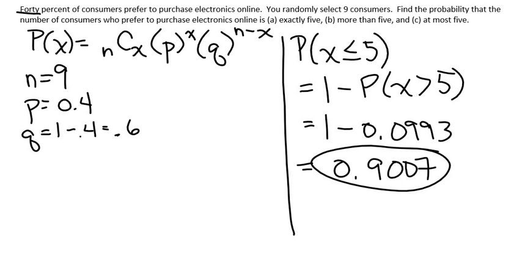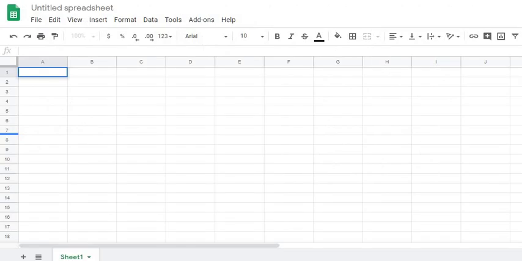Now that we've gone through how to use a calculator and hand calculations, I also want to show you how you can use Google Spreadsheets to find these numbers. Recall in Assignment 2, in Unit 2, we used Google Spreadsheets to calculate the mean, median, mode, and standard deviation. So open up your Google Spreadsheets, and I'm going to type in our numbers.